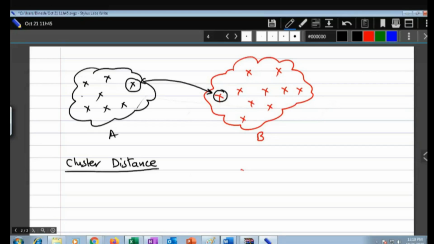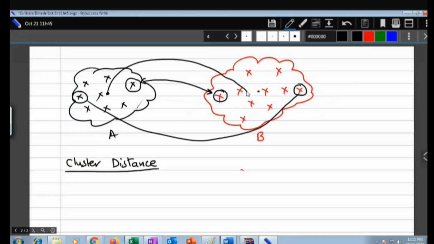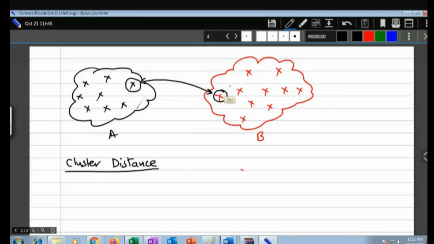Or I can take this data point and this data point, which are the farthest. Or I can take the average of these. So let us do it one by one.